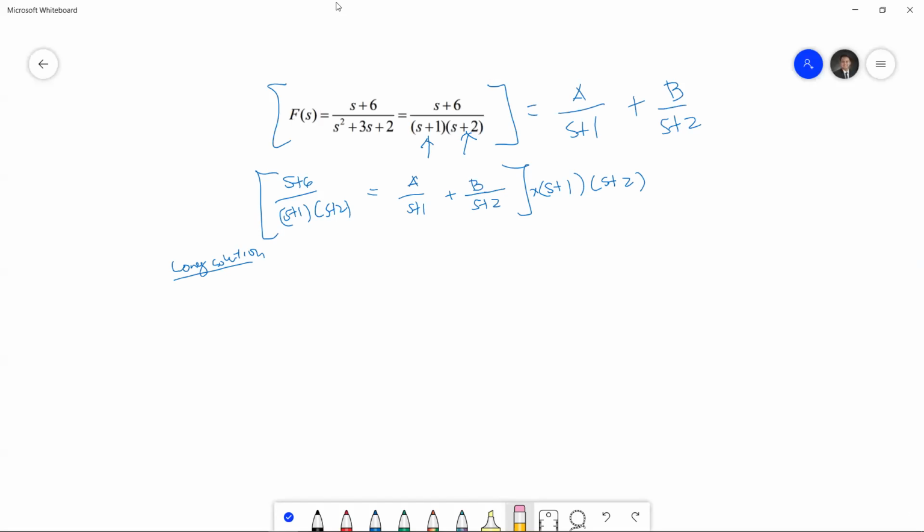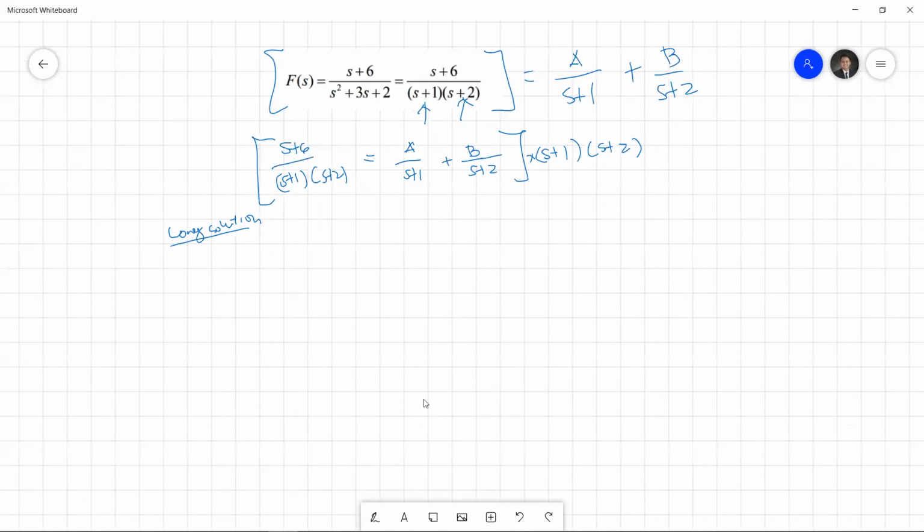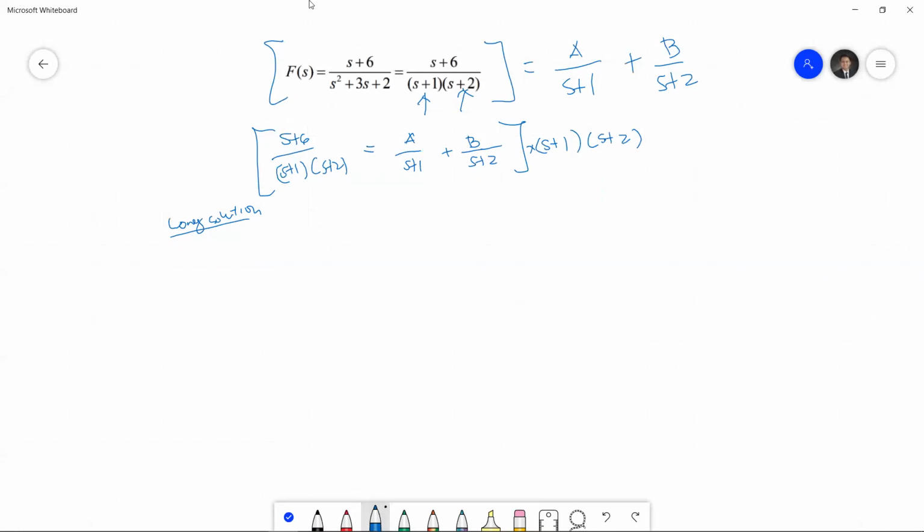Bumalik ba sa whiteboard, no? Bumalik naman. So, you will multiply all terms to the denominator s plus 1 and s plus 2. If we multiply yung left-hand side, denominator multiplied by s plus 1, s plus 2, makakancel yung denominator. What we have left is s plus 6.